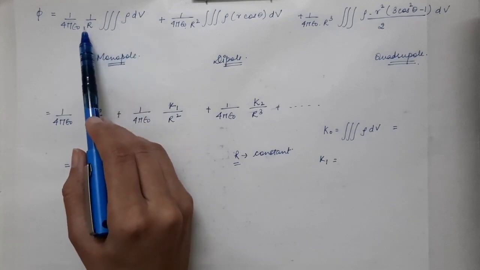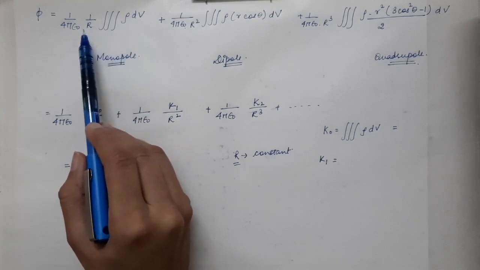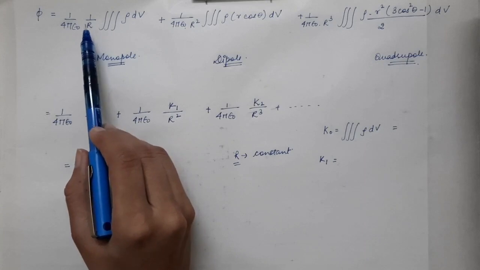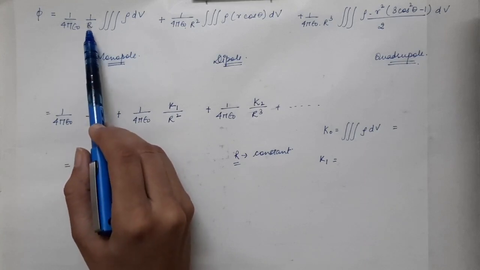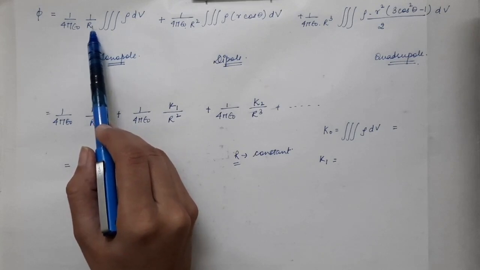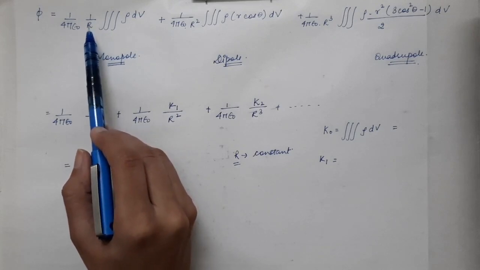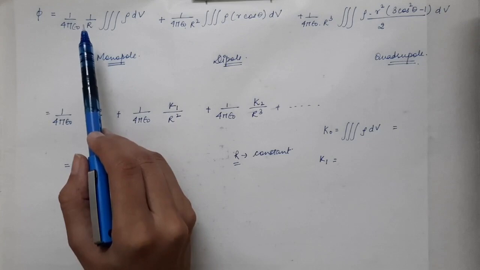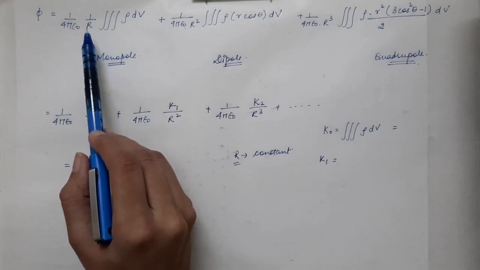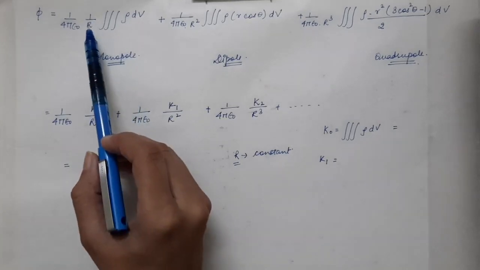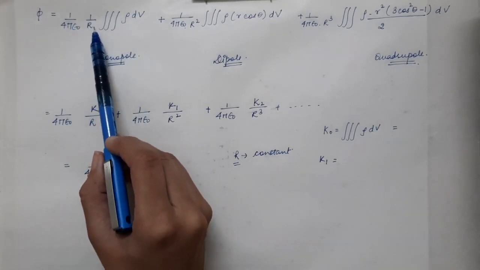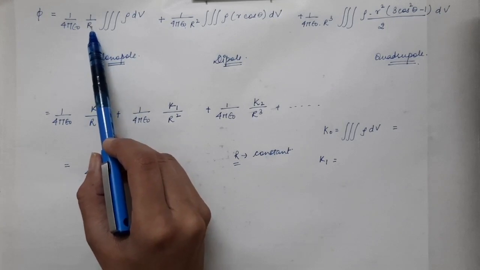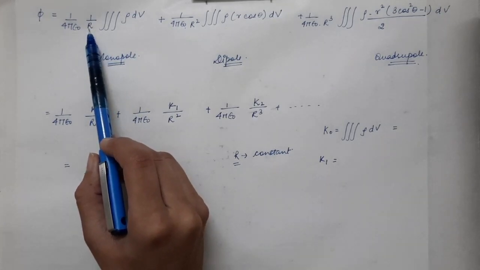Now I have just taken capital R outside the integration, because in the diagram that we had drawn on the previous page, capital R vector is just the position vector of the observation point, and since the observation point remains at the same position throughout the derivation, the magnitude of this position vector will be constant. So this can be taken outside the integral.